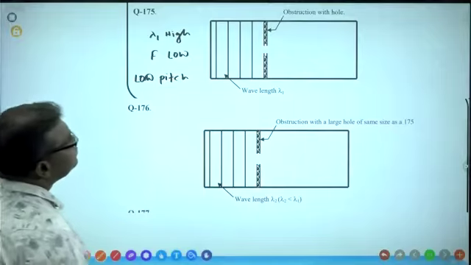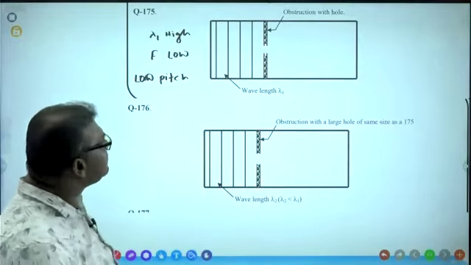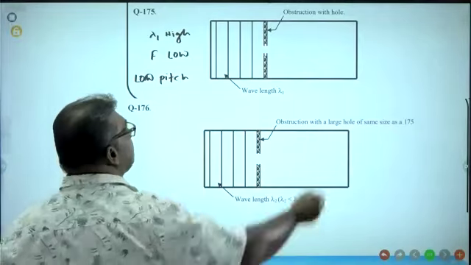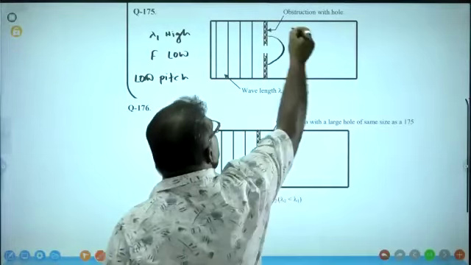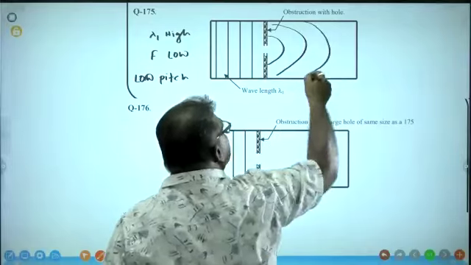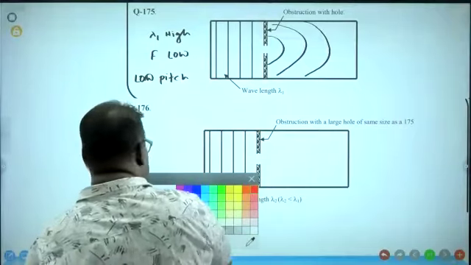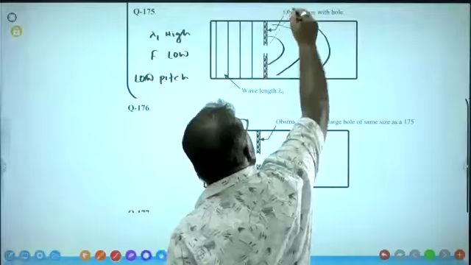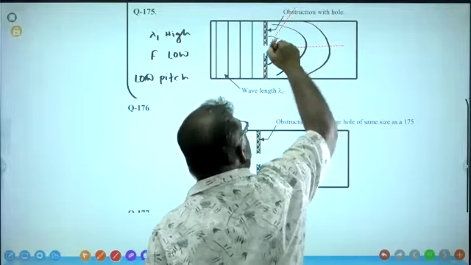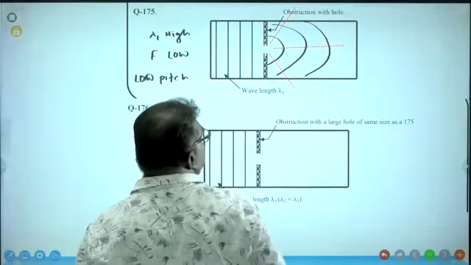Low pitch sound. Okay, then for the low pitch sound, diffraction becomes sharp. You should memorize this. Then transmission of the wavefronts into all the directions, right here.